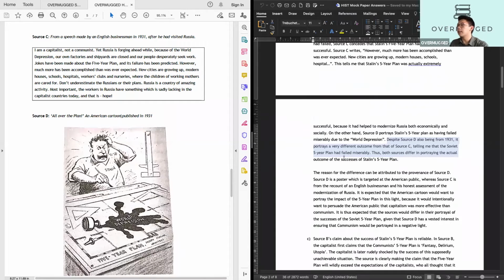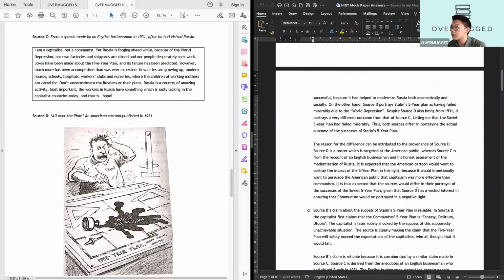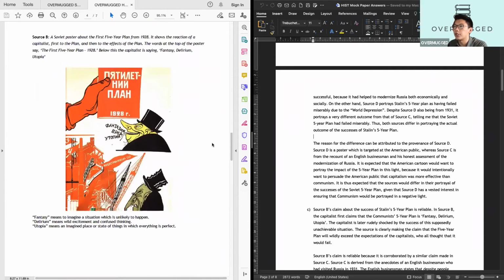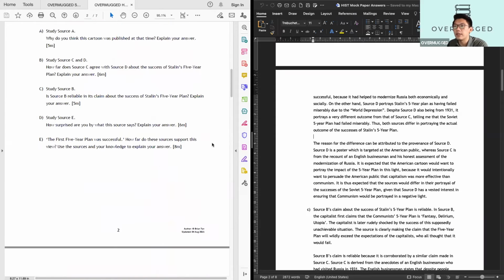Okay, the next point is something that most students don't do, and is not entirely necessary, but it is a very beneficial thing for you to do if you want to achieve the highest band possible. To achieve the highest band possible for a source-based case study, you have to take into account the context of the source. If you look at the question, it is kind of evaluative in nature.